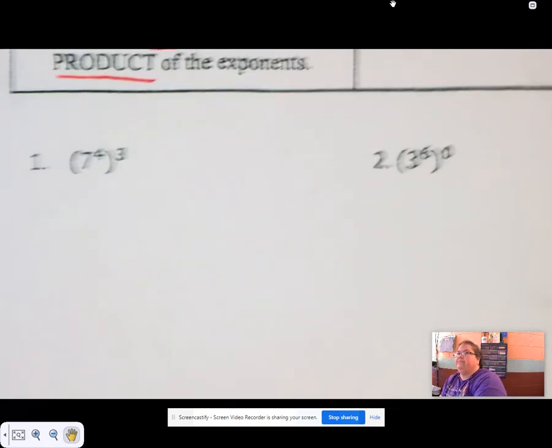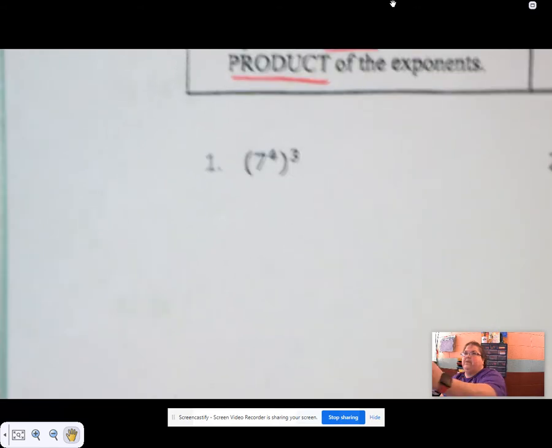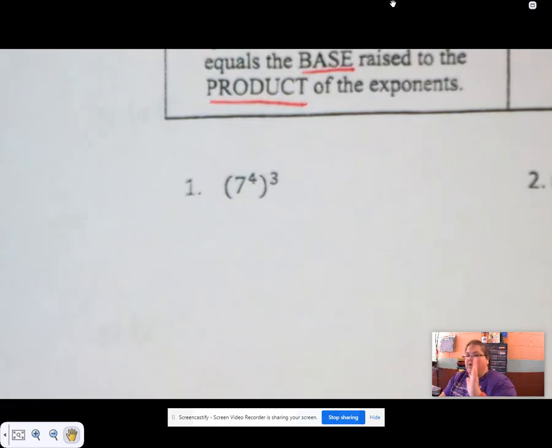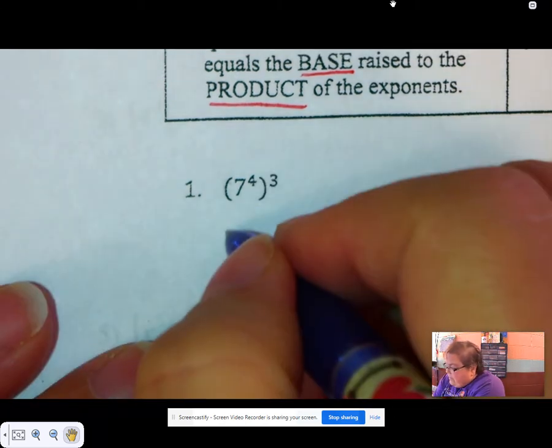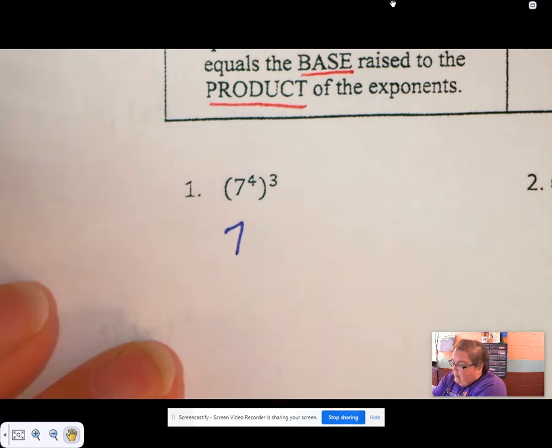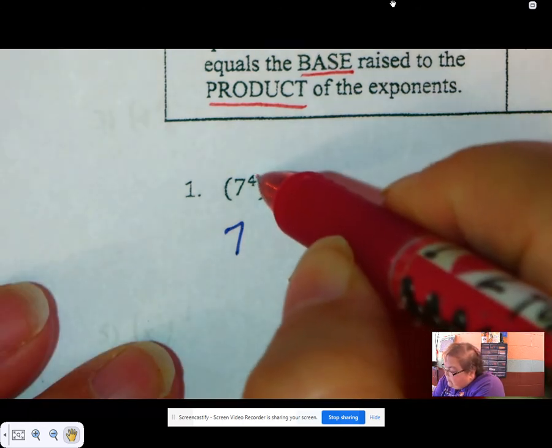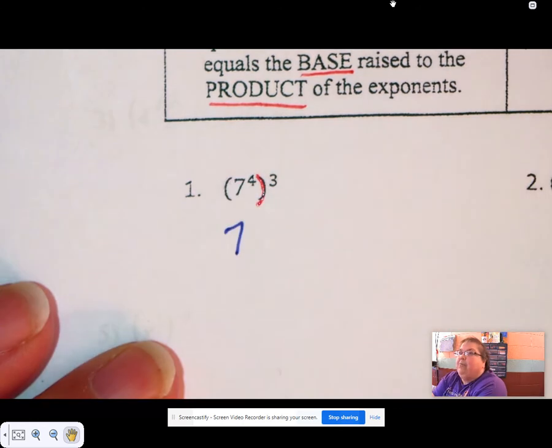Okay, so example number 1. We're going to write this out once, so just write it out with me one time, and then we'll do the mental math from there. This is 7, and what's between the 4 and the 3 exponents? A parentheses. What operation is that?